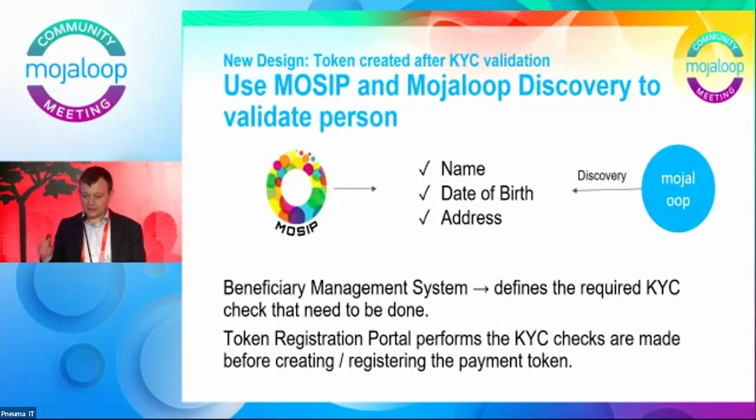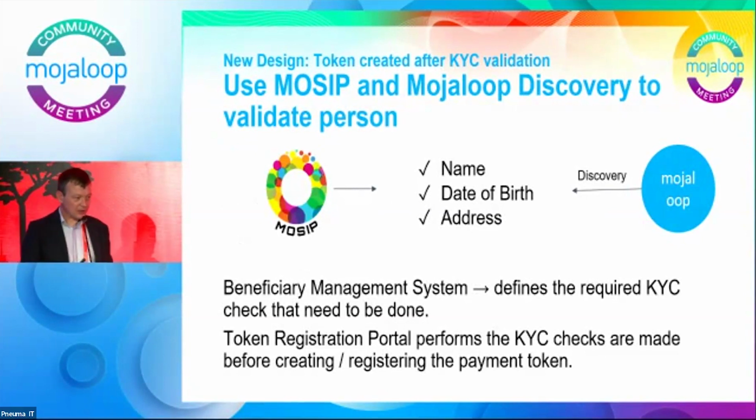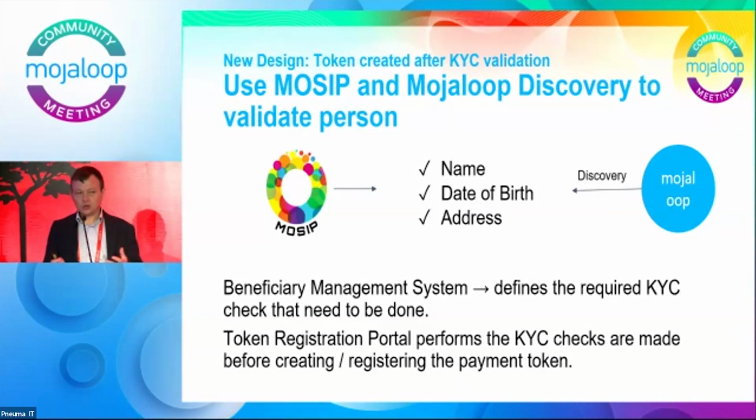Here we also do a KYC validation check. Now, you don't always want to do a KYC validation check in a beneficiary payment. Let's say you're providing beneficiary payments because of a disaster in a particular area.